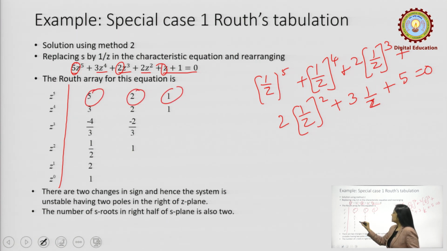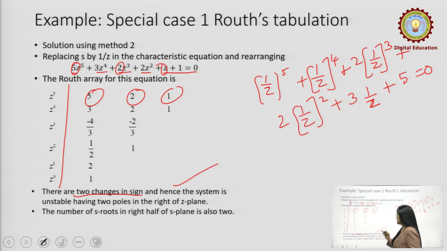Similarly, arranging the second row and completing the Routh array with the help of the coefficients, it can be seen that there is a sign change here, 3 minus 4 by 3, from positive to negative, and here negative to positive. So, there are two sign changes.